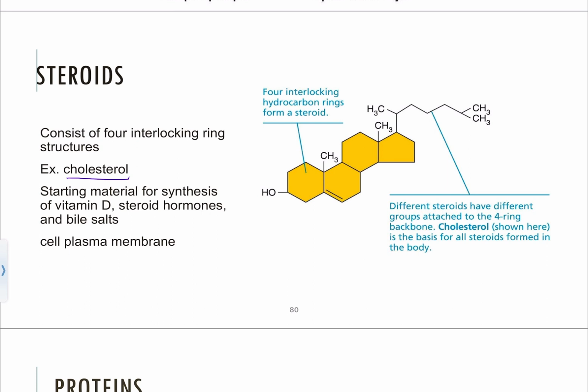This is why, when we categorized our 4 macromolecules and stated the monomers for each, I said lipids do not have a true monomer. If we look at this example of a steroid, it's structurally completely different from a triglyceride or a phospholipid. So there are no true monomers for lipids because it's such a broad class of different molecules.